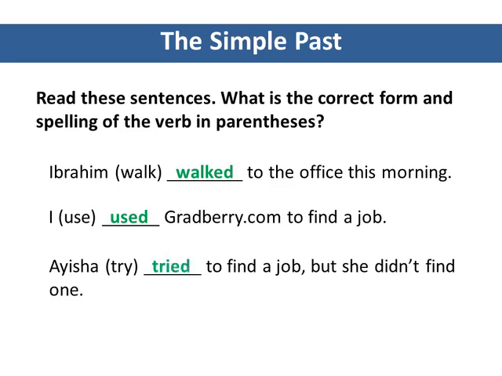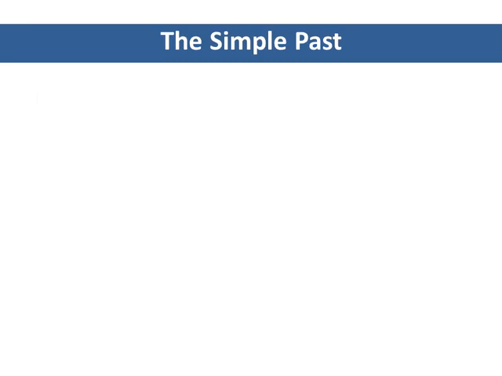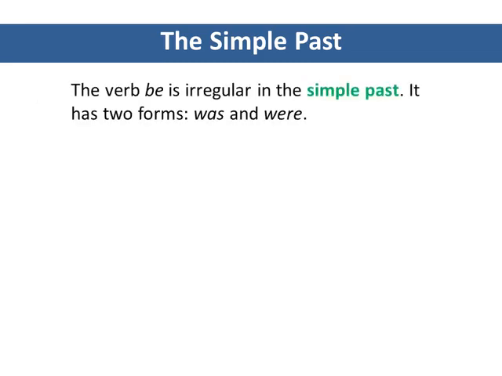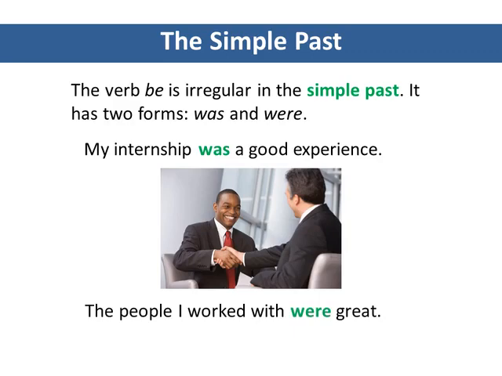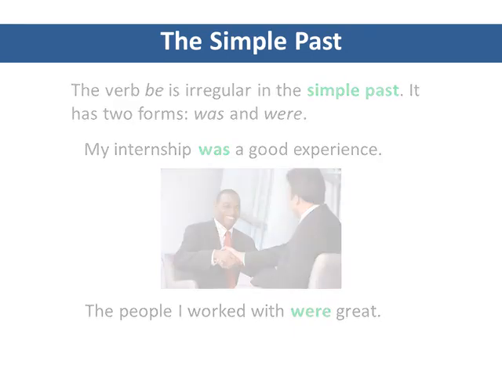Aisha tried to find a job, but she didn't find one. The verb be is irregular in the simple past. It has two forms, was and were. My internship was a good experience. The people I worked with were great.